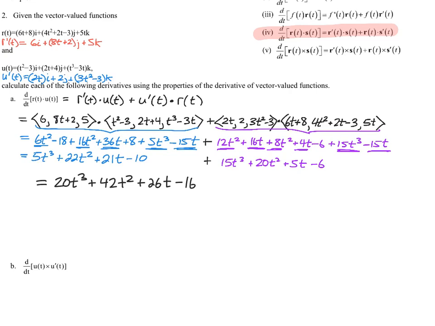So if I'm following the progression, it's the derivative of the first times the second plus the first times the derivative of the second.